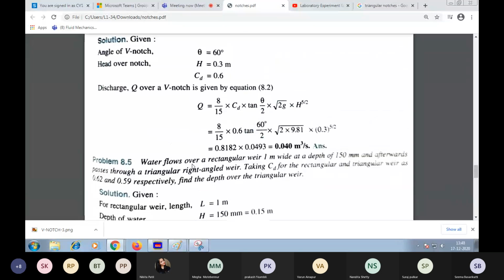So take the next problem. Mark it as an important one.